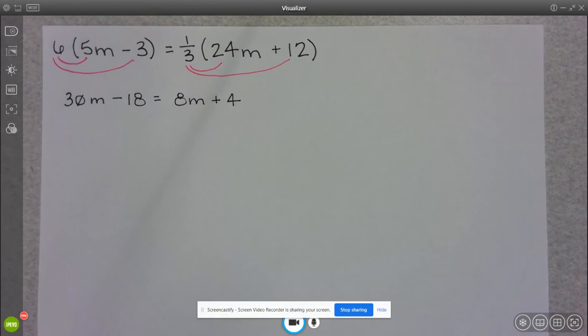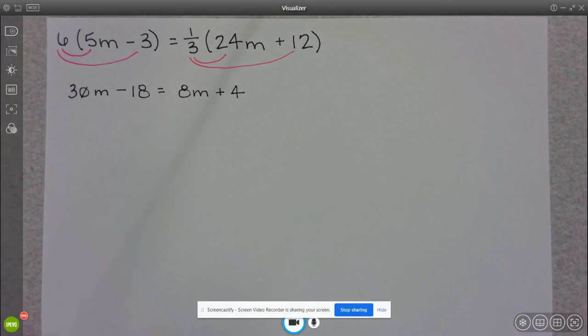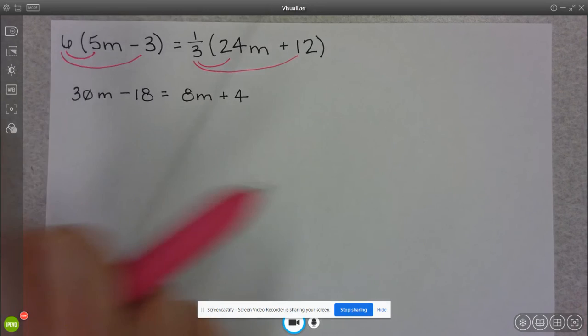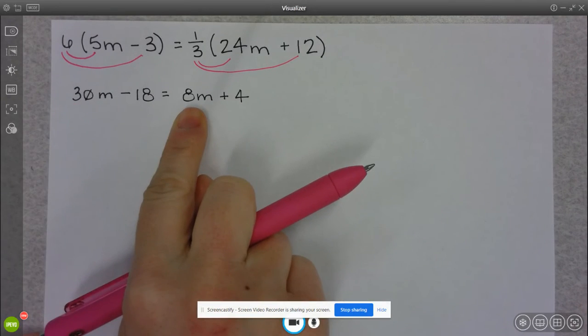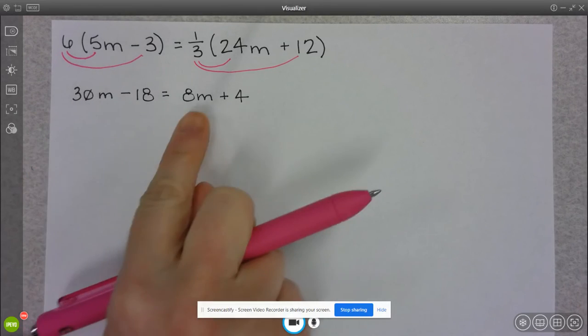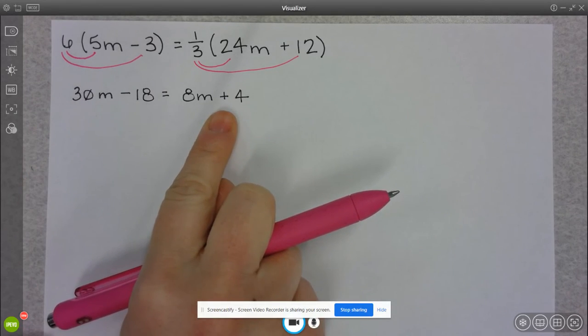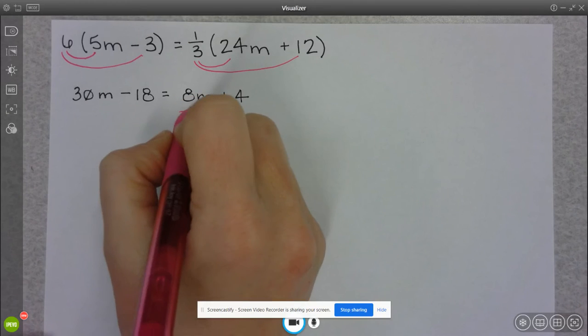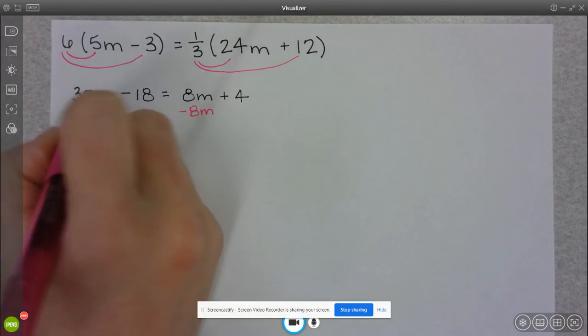So I look for the side of my equation that has more of the variable. Here I have 30, here I have 8. So my goal is going to be to keep m on this side and move the numbers to the other side. So I'm going to start and subtract 8m.